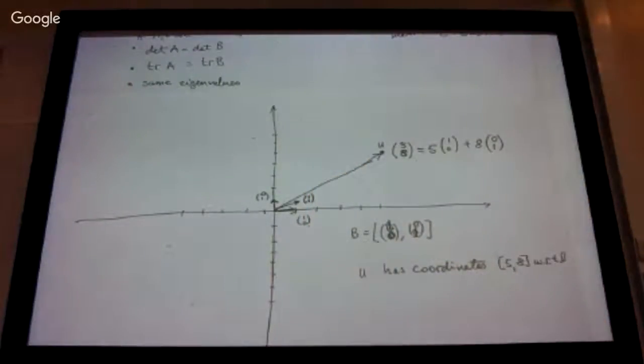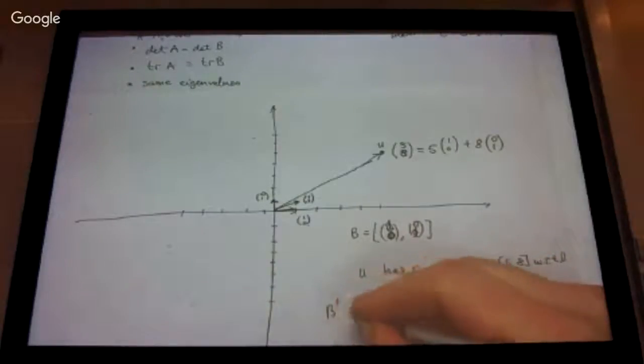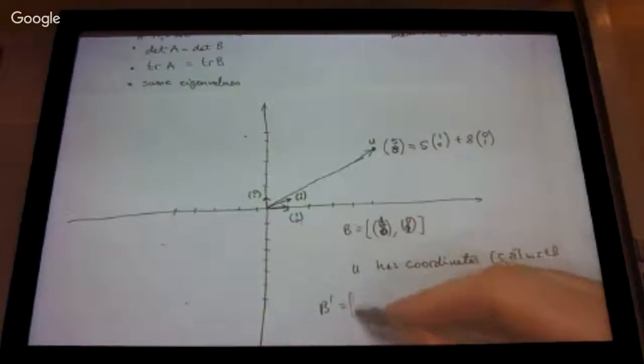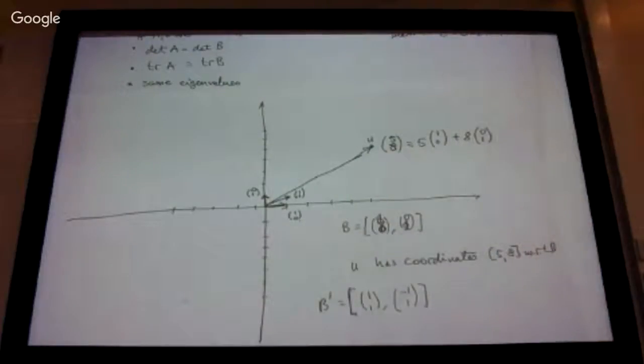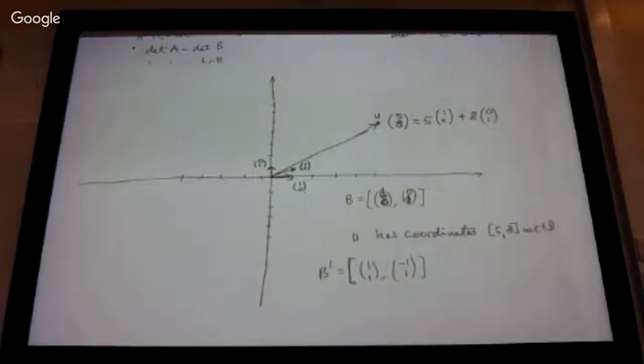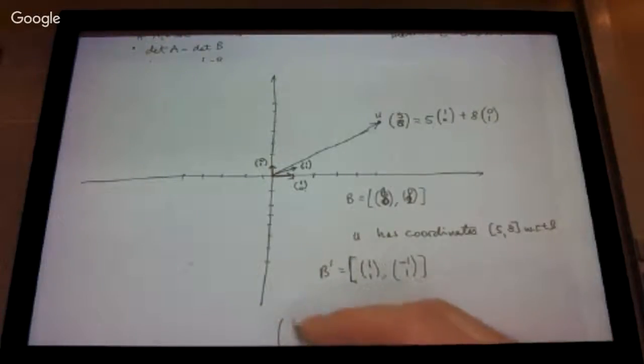Minus 1, 1. So we have a new basis which has, why am I doing this? So I'll leave some interest down. So now you have this matrix which is 1, 1, minus 1, 1.